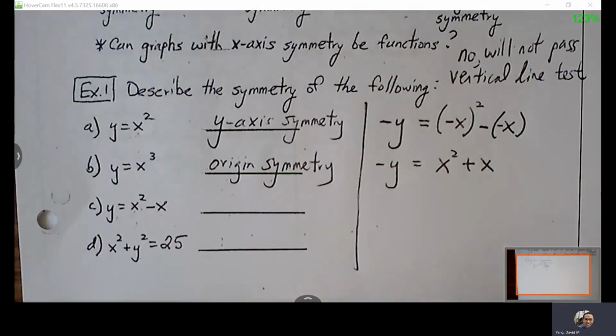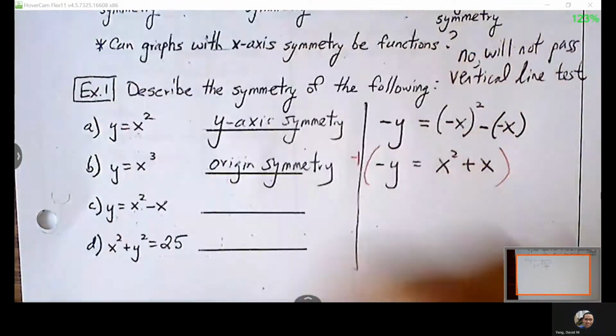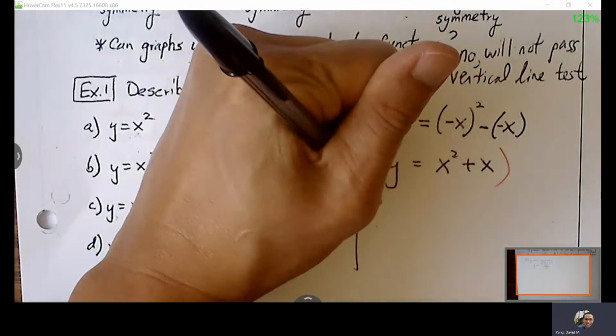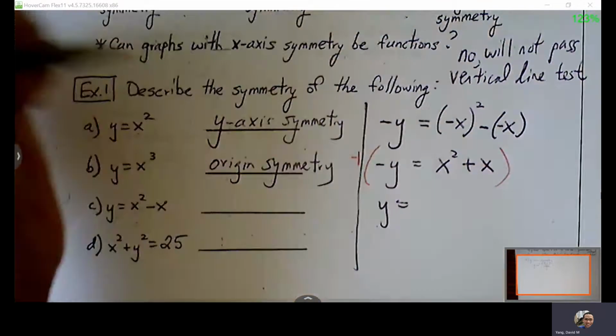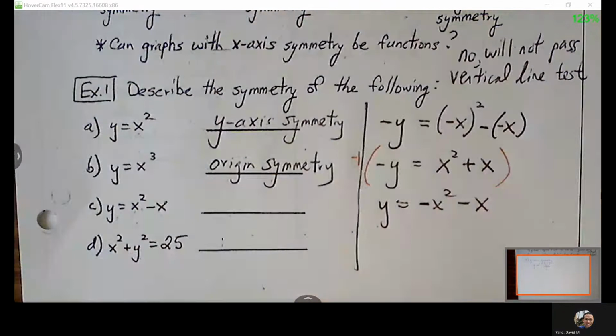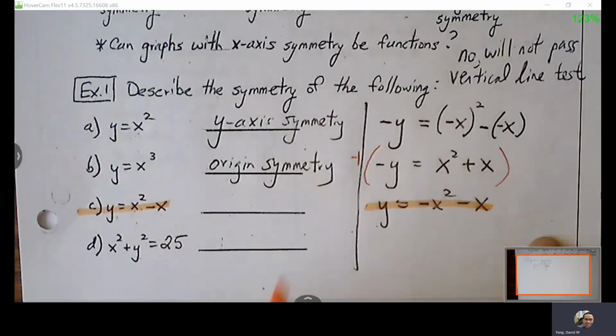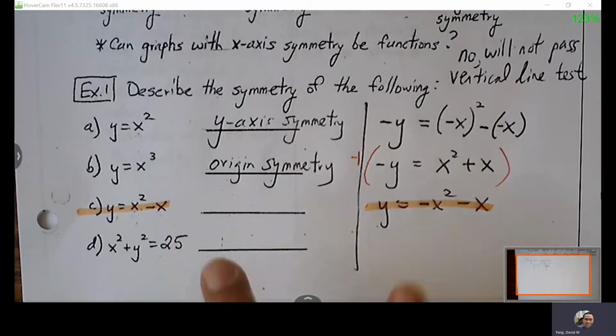And if I go a little bit further by multiplying everything through by -1, I should be able to further convince myself that I am not staring at the same equation. Right, not the same thing. So no symmetry, right? Doesn't pass the x, doesn't pass the y, doesn't pass the origin symmetry.